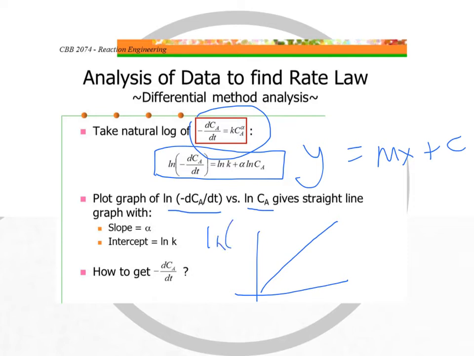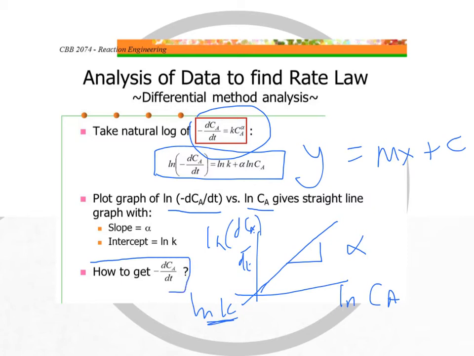Your slope is alpha and your intercept is ln k, which you can calculate afterwards. But now the concern is how to get your dCA/dt.